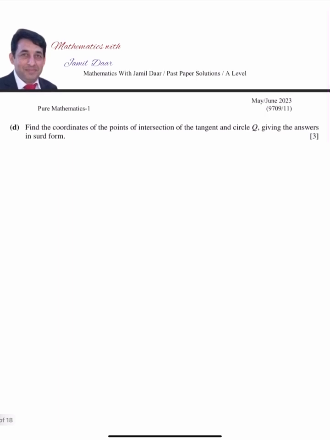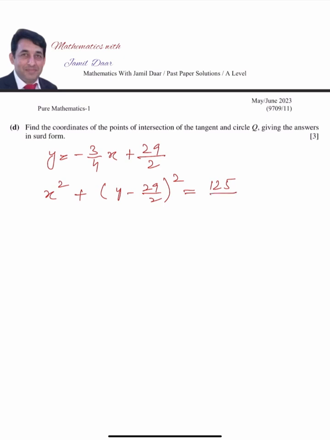Next says find the coordinates. Part D: find the coordinates of the points of intersection of the tangent and circle Q. The equation of the tangent was y is equal to minus 3 over 4 x plus 29 over 2, and the equation of circle Q is x square plus (y minus 29 over 2) whole square is equal to 125 by 4.